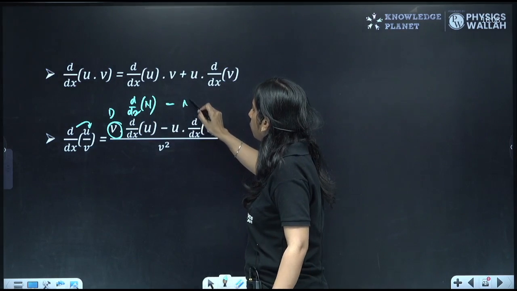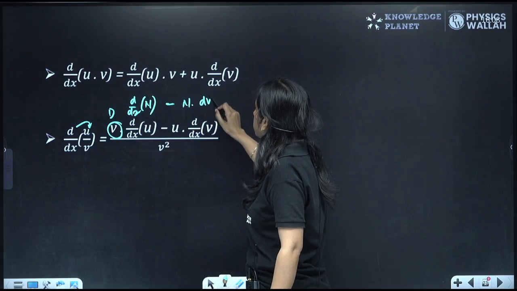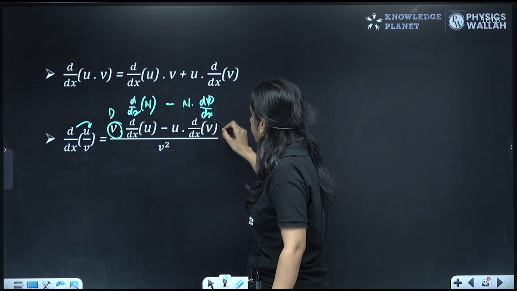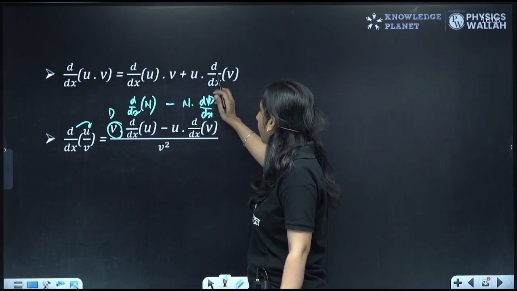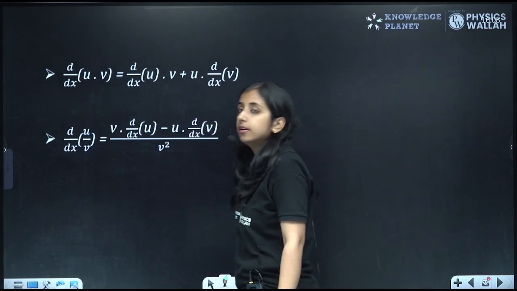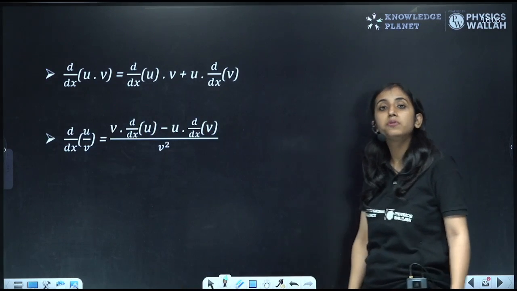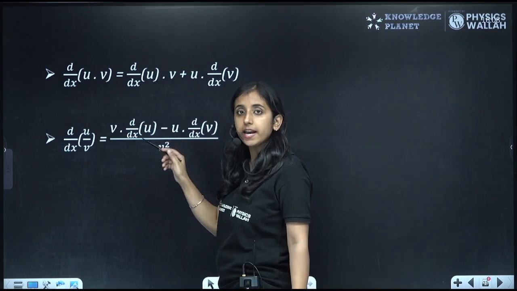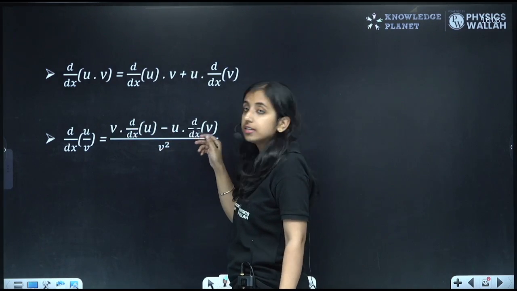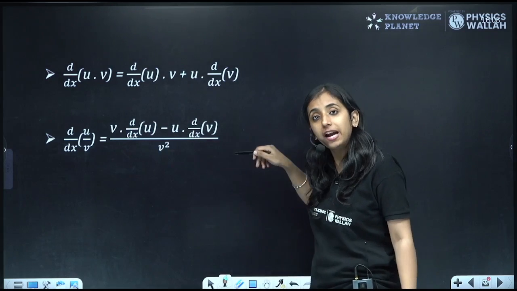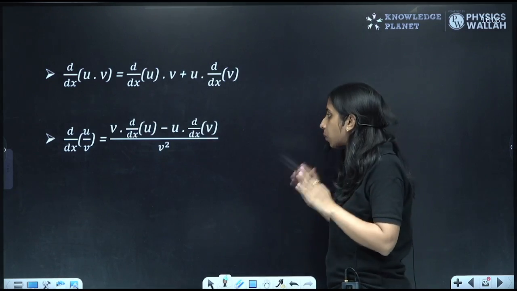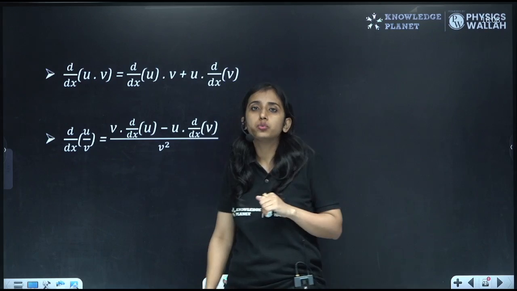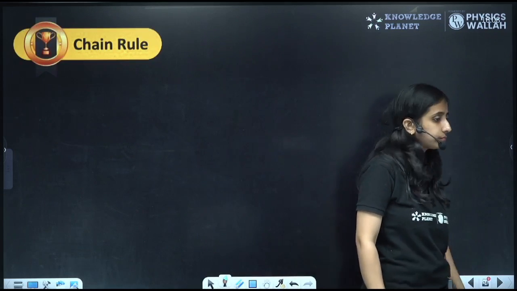Now keep the numerator as it is, differentiate the denominator, and divide this whole by v square. So d by dx of u by v is equal to v as it is, du by dx, minus u as it is, dv by dx. Divide this whole term by v square. These are the rules of differentiation.